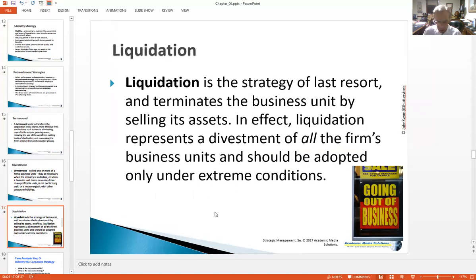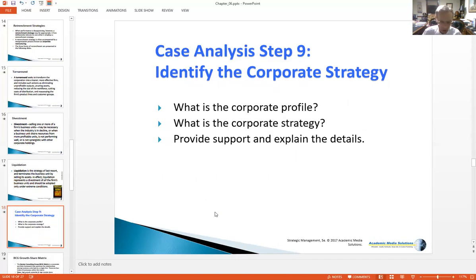Liquidation is when you throw in the towel. As John says, this is the strategy of last resort, and all the assets are sold. Proceeds from those sales are used to settle the firm's liabilities, and the company goes out of business. Okay, so at this point, Parnell gives you some suggestions in doing your project.